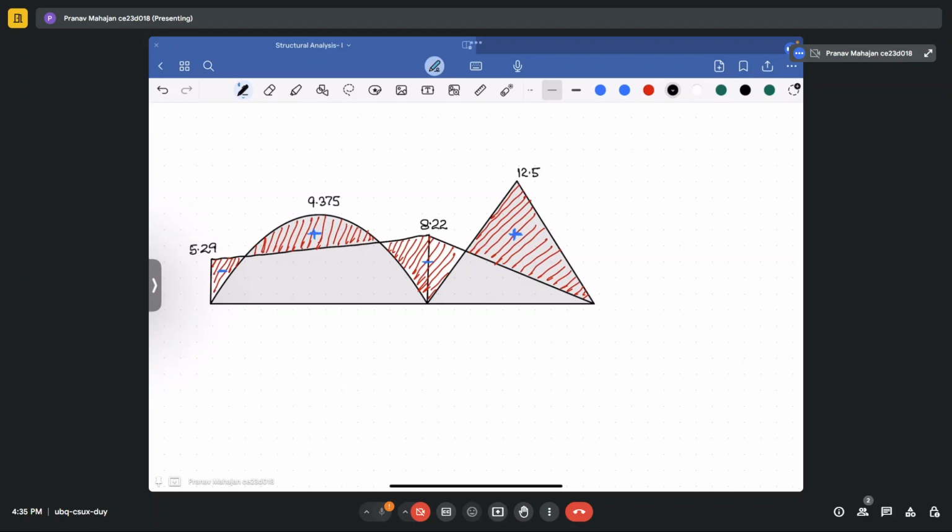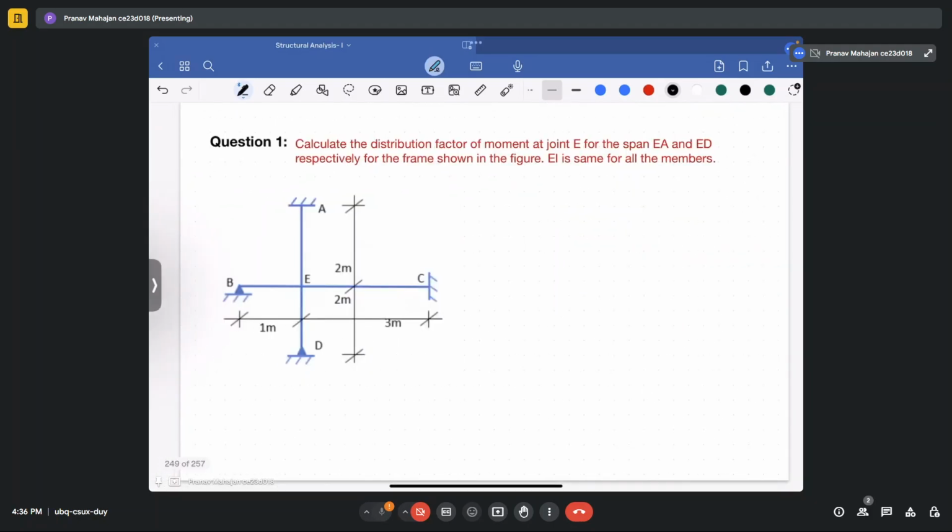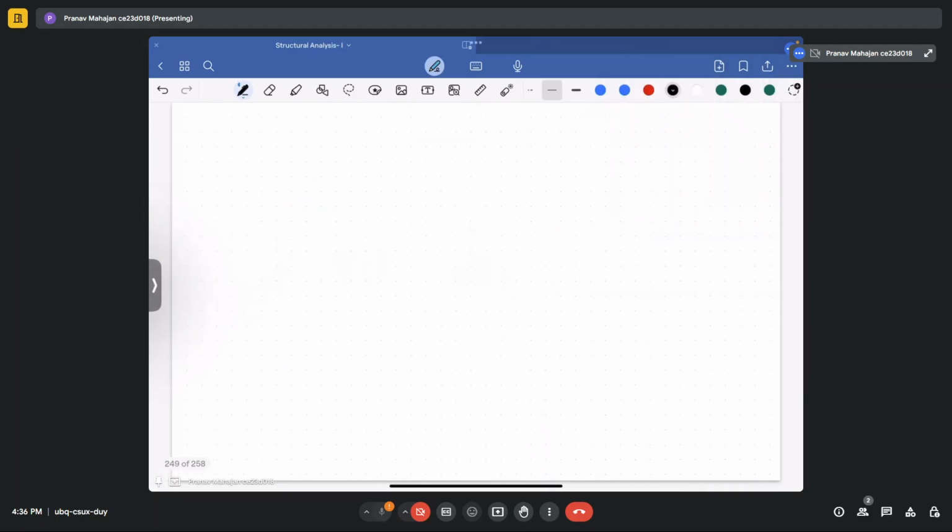So in case of a frame, how will you do that? The procedure will be the same. Let's look at one problem related to a frame.